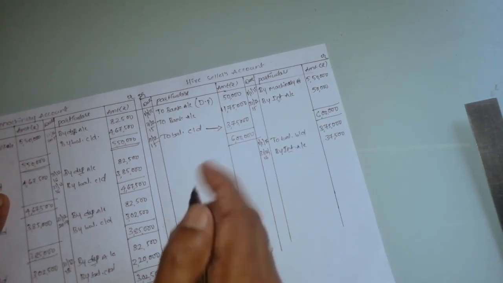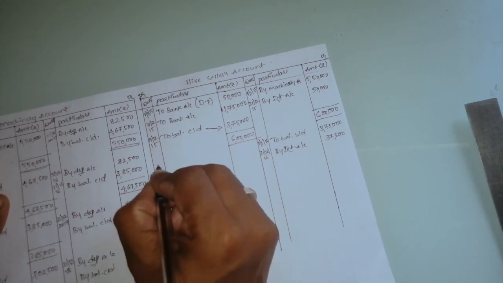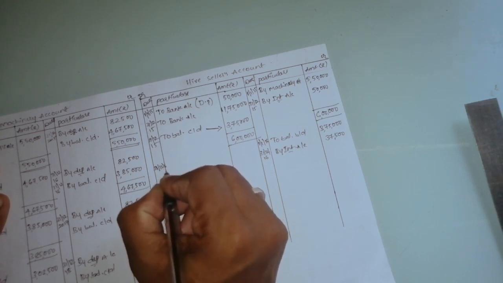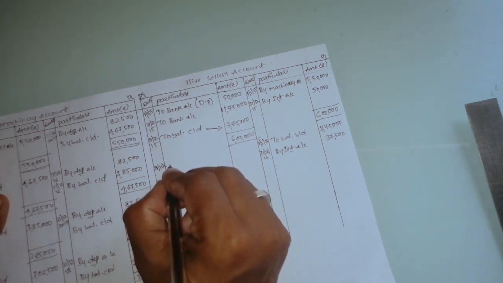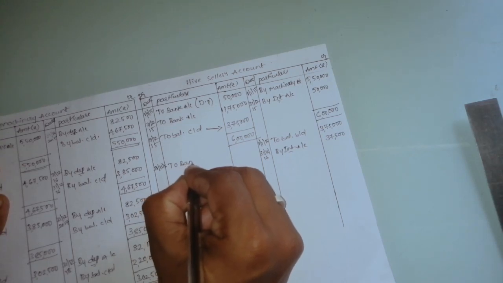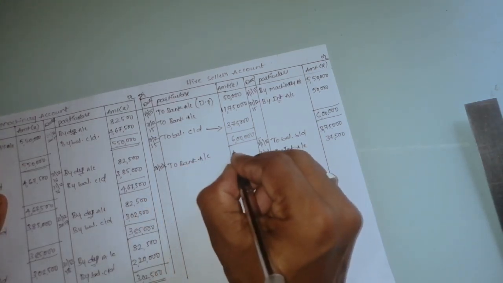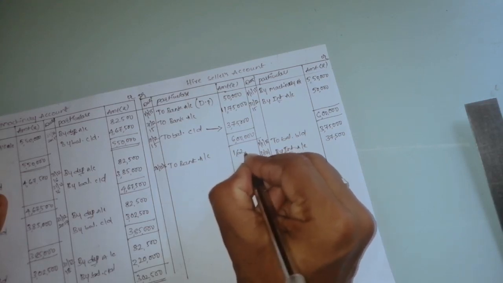The second installment is paid on 31st 12 2016, to bank account. How much? 1,62,500.